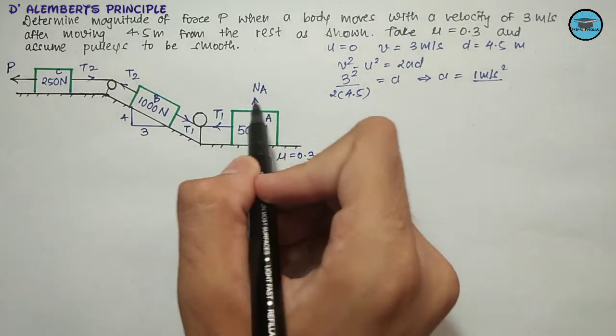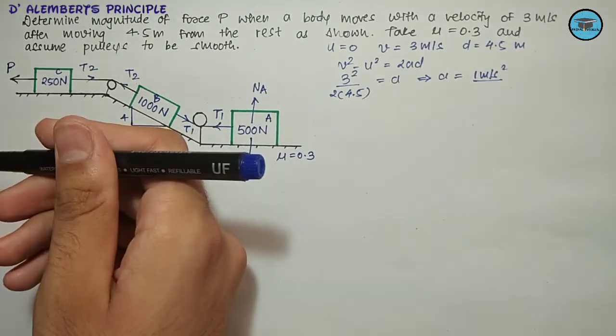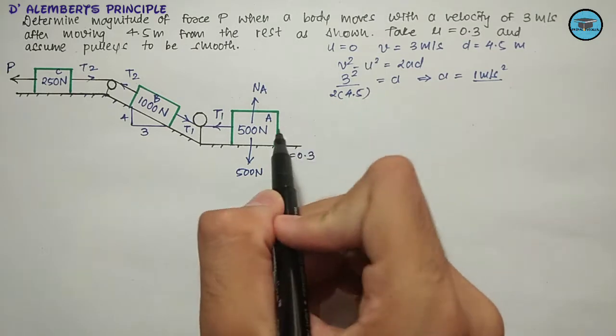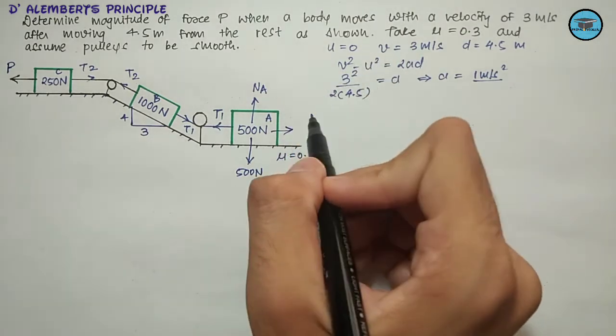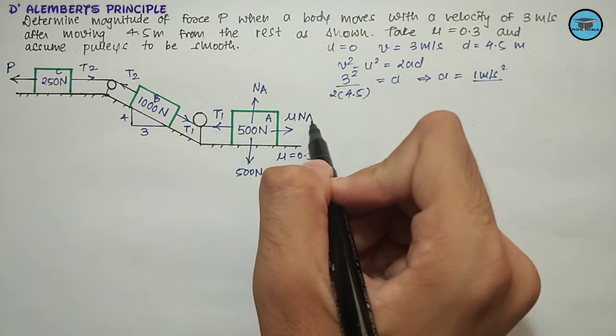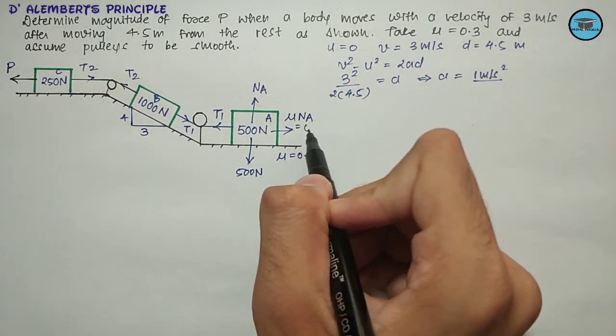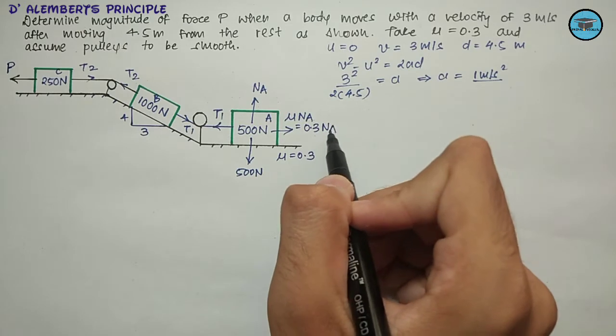This is NA, and this block is moving in this direction, so the frictional force acts in the opposite direction, with magnitude mu into NA. Mu is given as 0.3, so it equals 0.3 into NA.